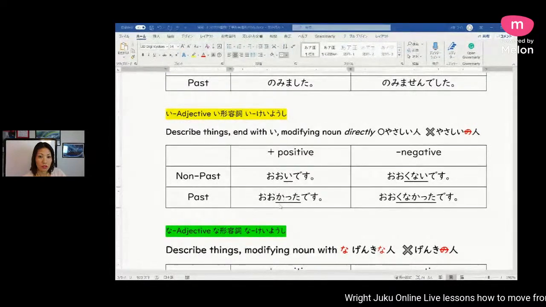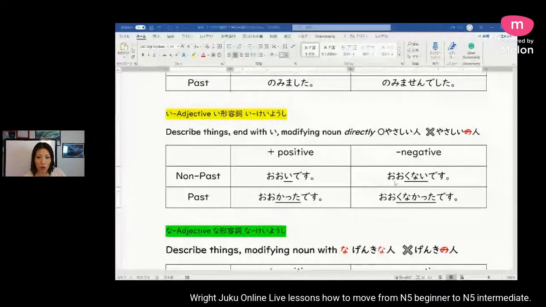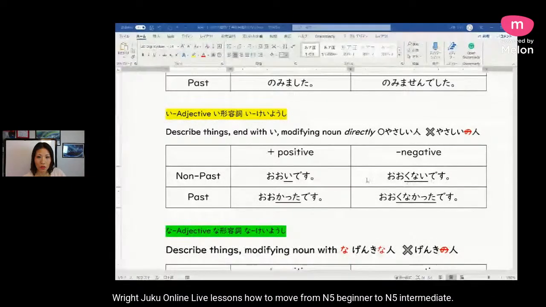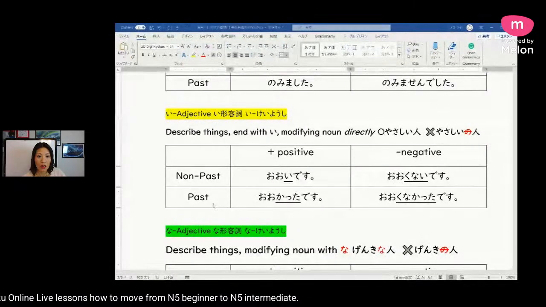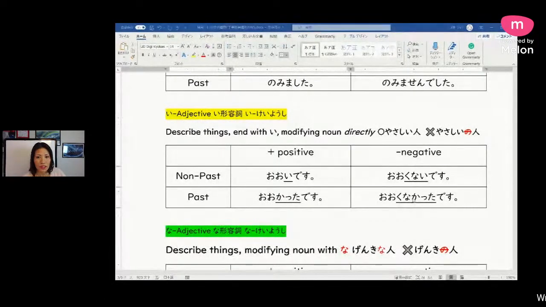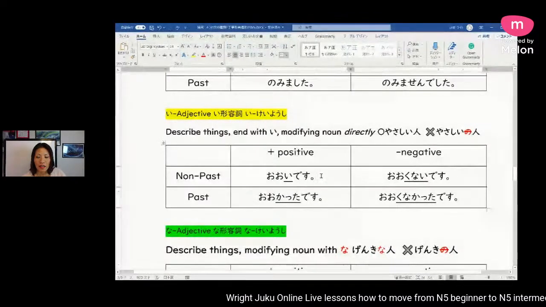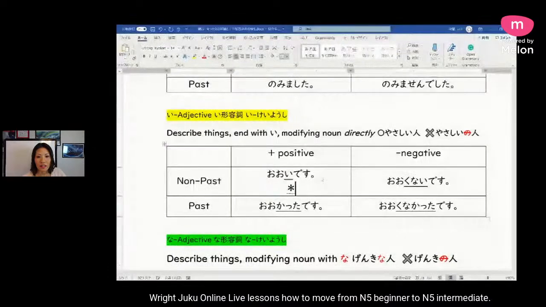So い switches to かった. That's the pattern. And for the non-past negative, 多くないです。So い switches to くないです。That's the pattern. Past negative, 多くなかったです。That small つ right there. 多くなかったです。So it's kind of a combination of negative and past together. And let's not forget there is an exception here.